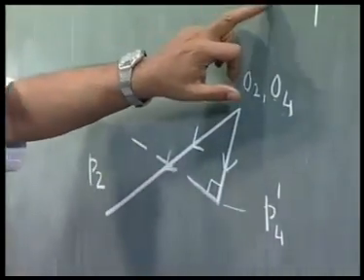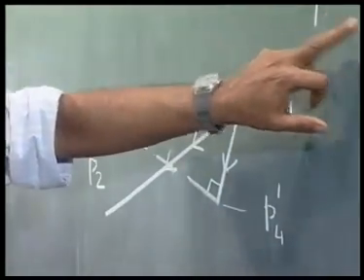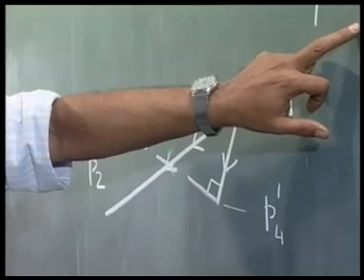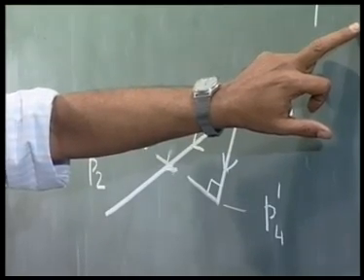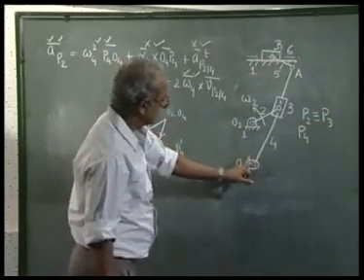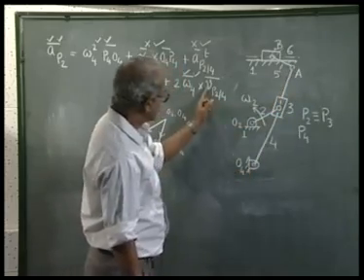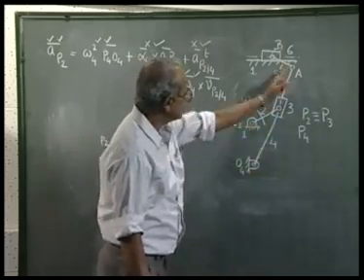Now, twice omega 4 cross Vp24, this is completely known, and that is perpendicular to this O4A, because Vp24 is along this O4A.